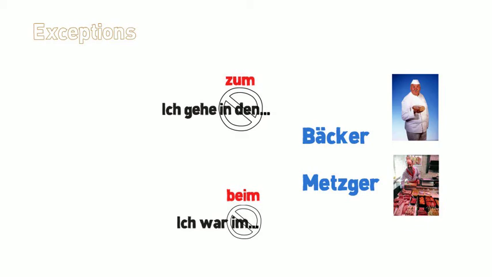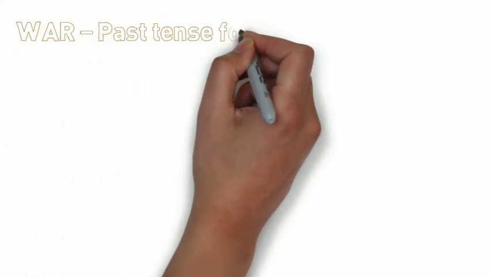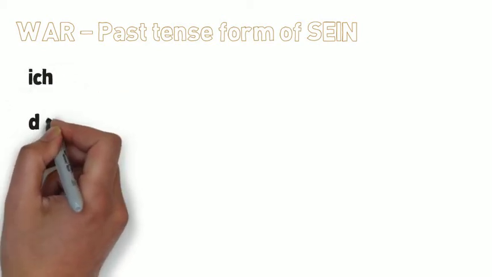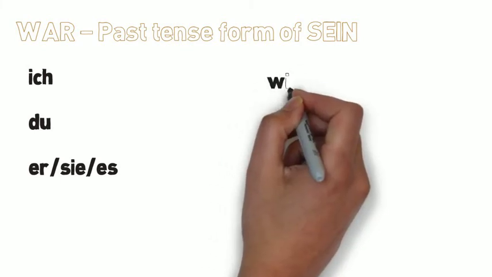What is a topic for this video is the verb form war. This is the past tense form of the verb sein, meaning to be. So war basically means was, and as you'll notice, it looks pretty similar to the English version. Here are the conjugated forms of war.